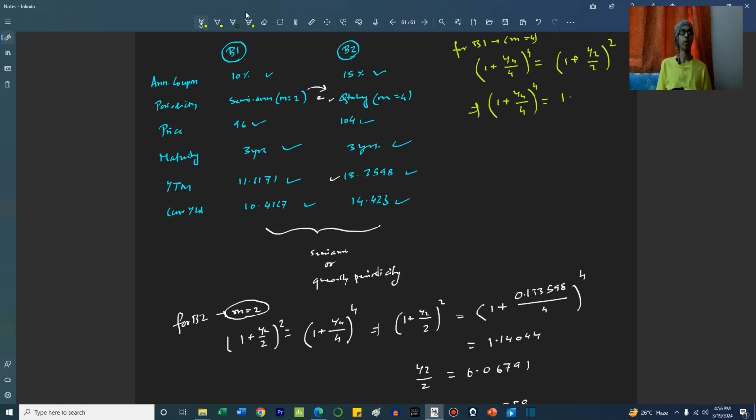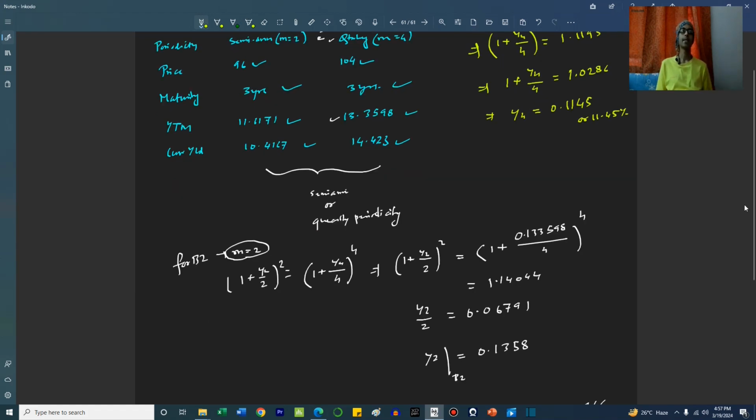This is equal to 1.1195 approximately. So this comes to be 1 plus y4 by 4 is equal to 1.0286, implying y4 is equal to 0.1145 or 11.45%.